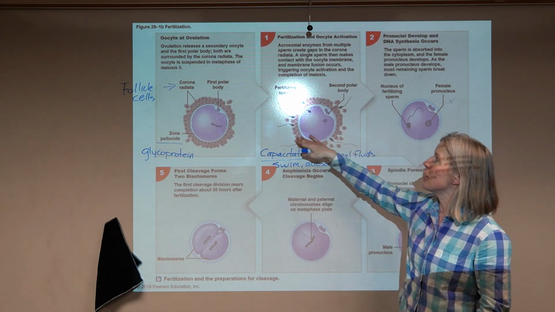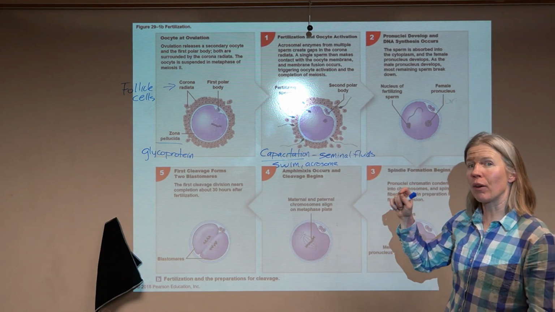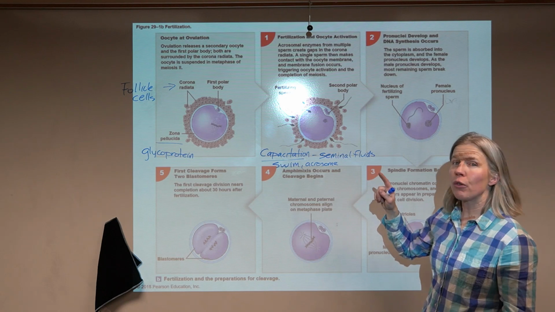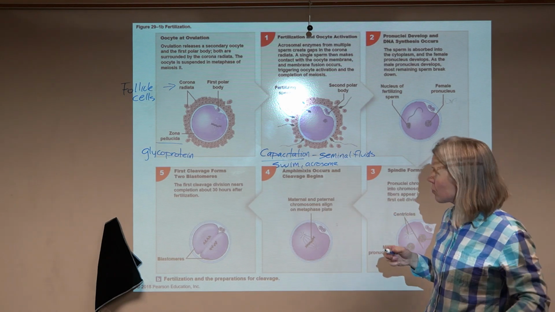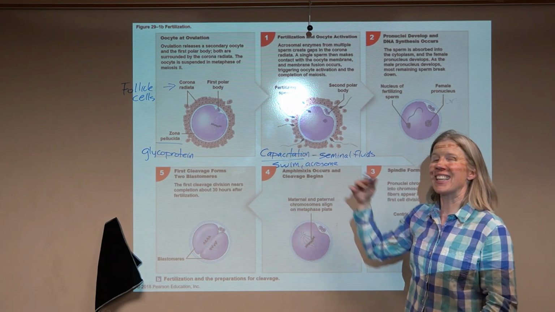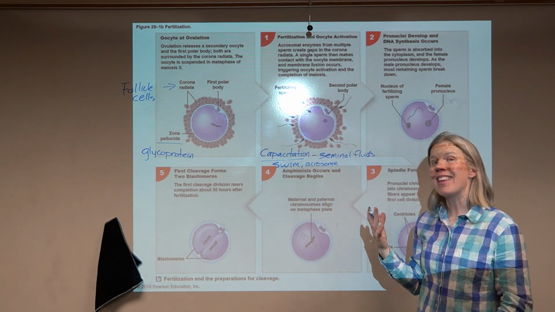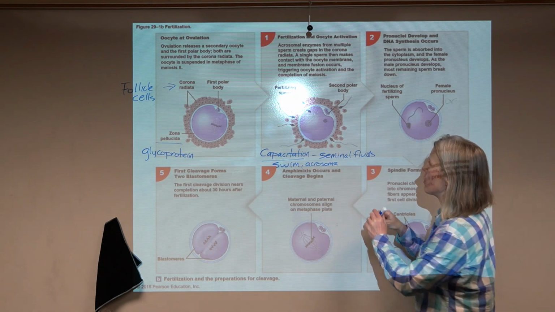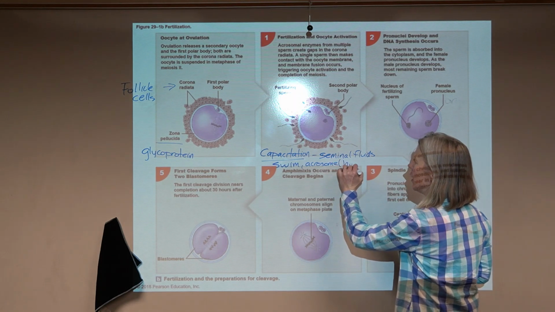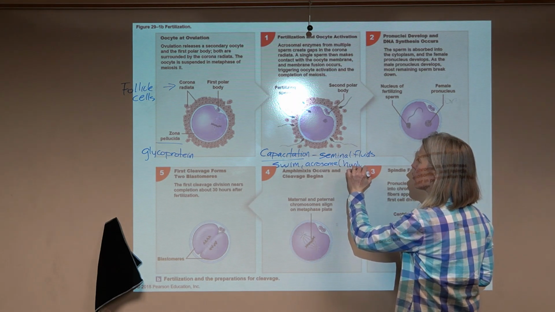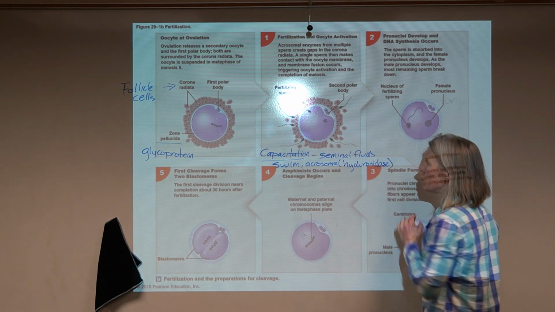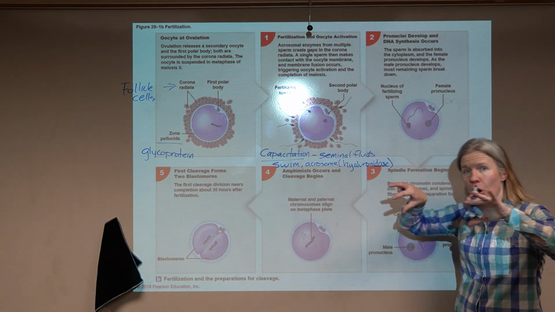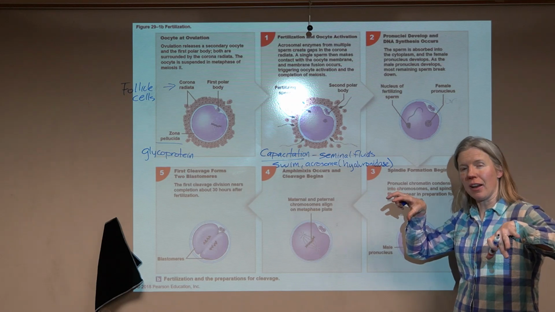It takes dozens of sperm to actually break through the corona radiata, right? They all are going to be using all these sperm here to get through the corona radiata. They use the hyaluronidase from their acrosome, that enzyme, to start breaking through the corona radiata.